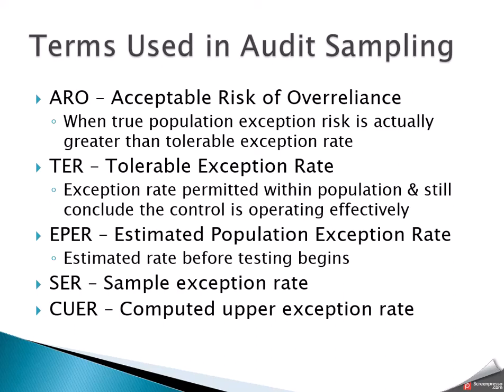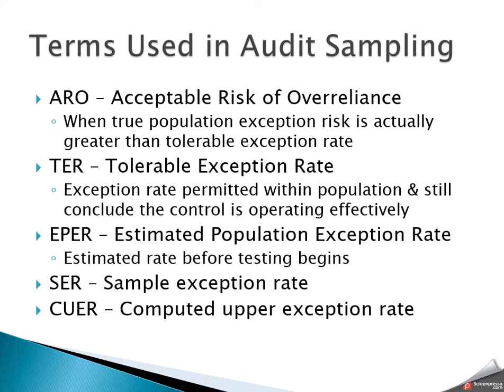Then we have the estimated population exception rate. That's the exception rate that the auditor expects to find in the population before the testing begins. And then the sample exception rate is the number of exceptions in the sample divided by the sample size.